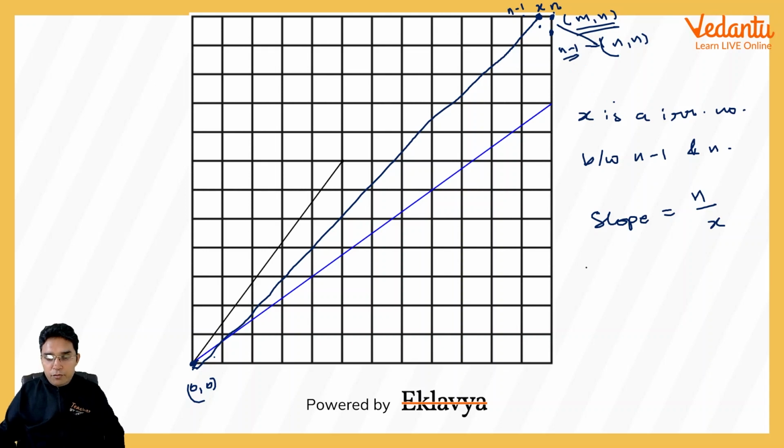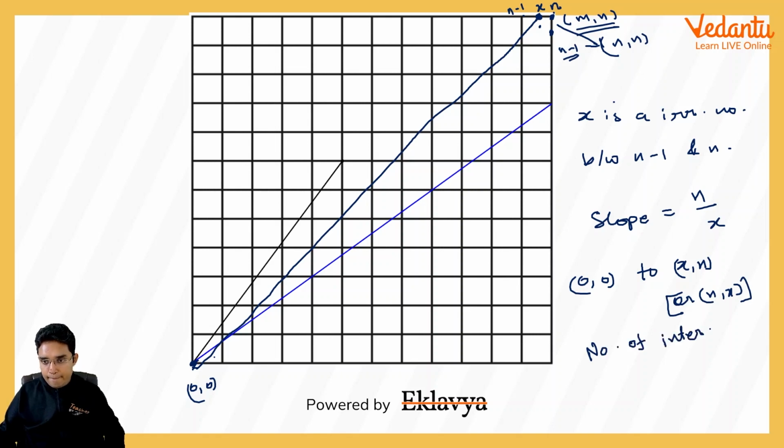So if we join (0, 0) to this (x, n) or (n, x), in both cases you can see the number of intersections would be n plus n minus 1, that is 2n minus 1, and that will be the answer of this question.